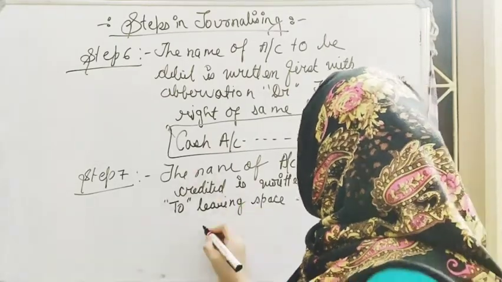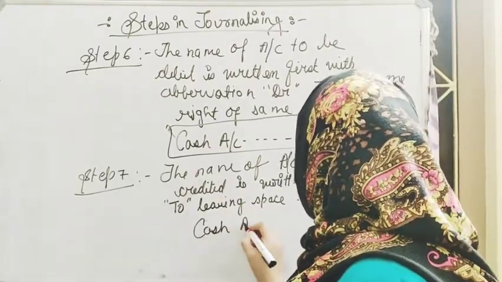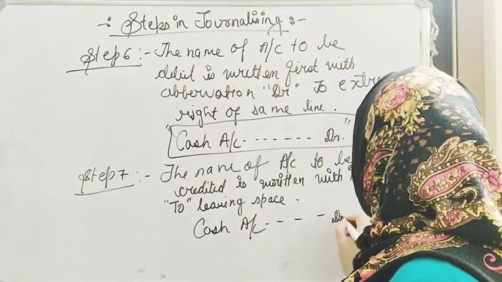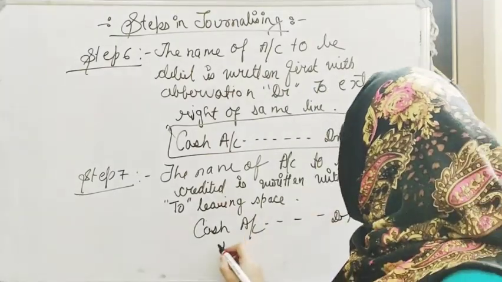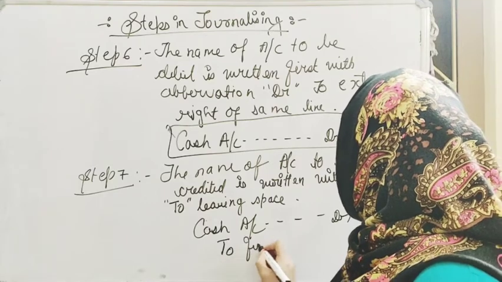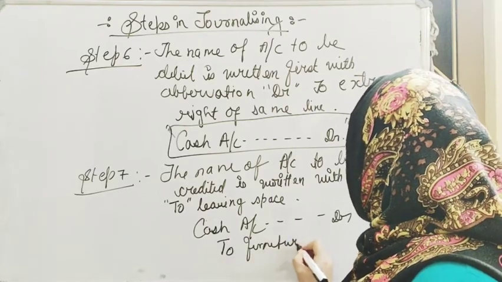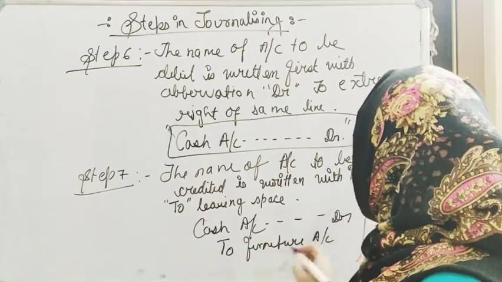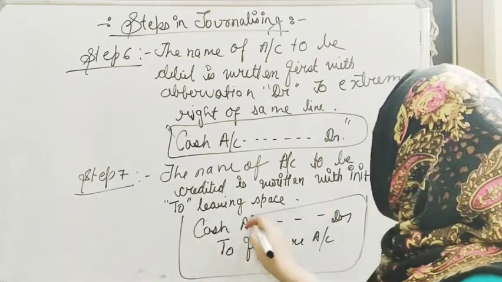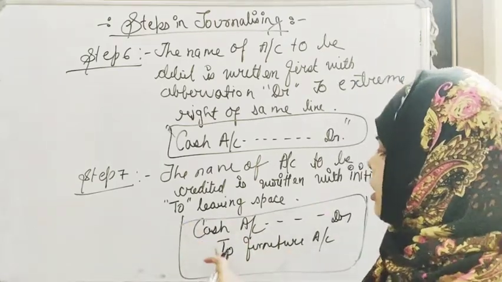Suppose we write the cash account debited, and we write the credit entry: To furniture account. This is the proper way of writing a journal entry.